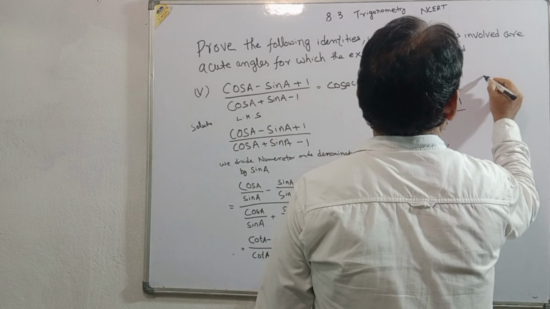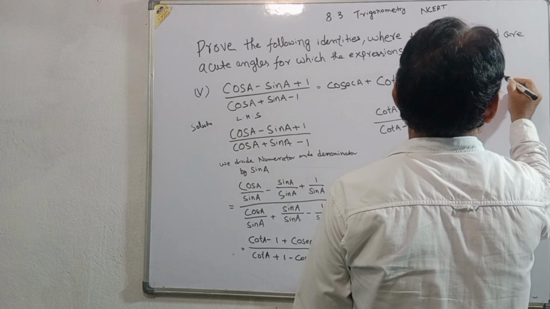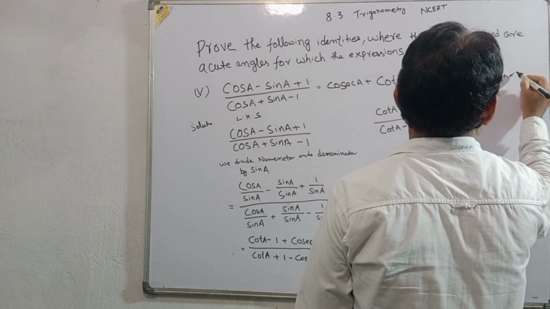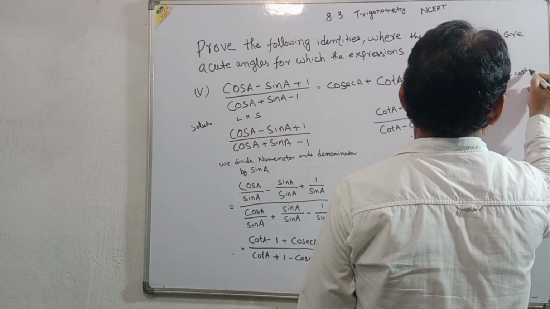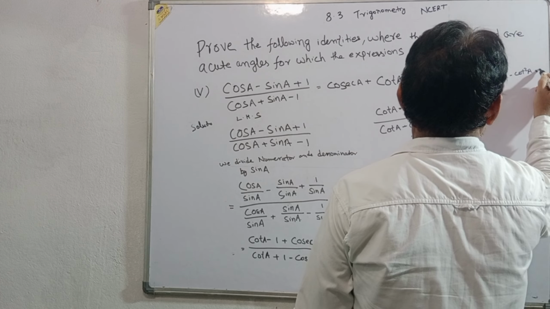Now cosec square A minus cot square A equal to 1.